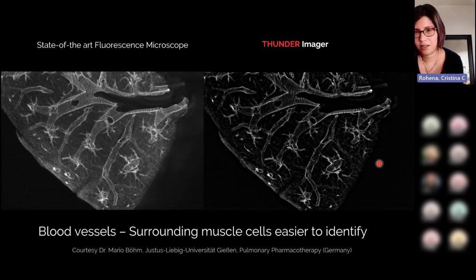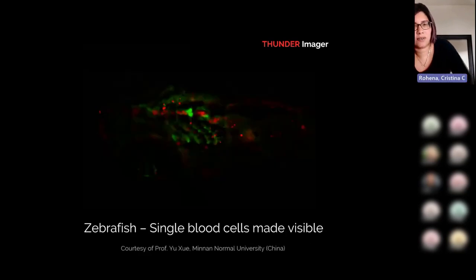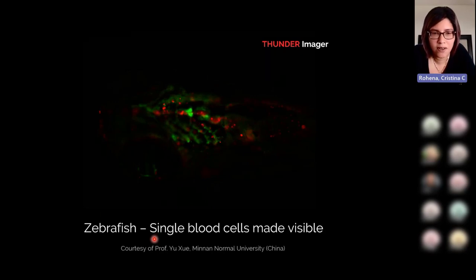and be able to adequately analyze your image. Finally, as I mentioned before, you can also have environmental control of your samples in this model organism. And you can see here with this video of a zebrafish that is stably expressing mCherry-tagged hematopoietic progenitor cells, that in this processed image, you can really easily see single blood cells going through the vasculature of this fish.